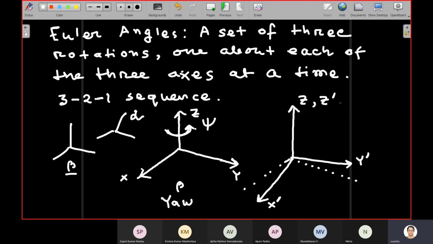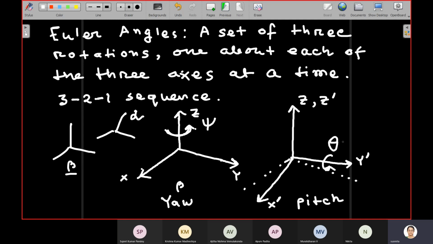Next, in the 3-2-1 sequence, the next rotation that we will apply is about the y-axis. Again, using the method that I just told you, you can find the direction of positive rotation. This rotation is called pitch, and the corresponding angle that we use in this class is theta.